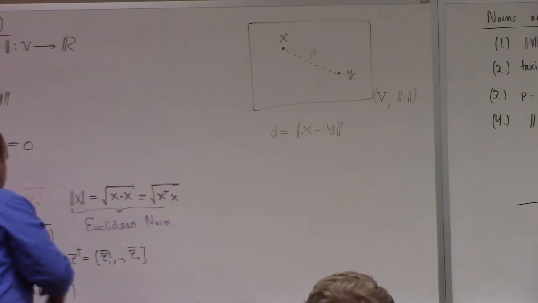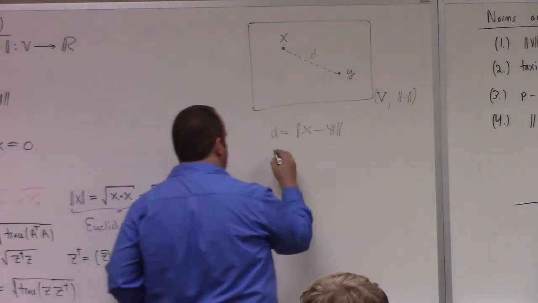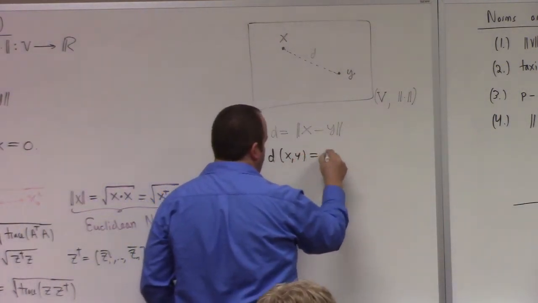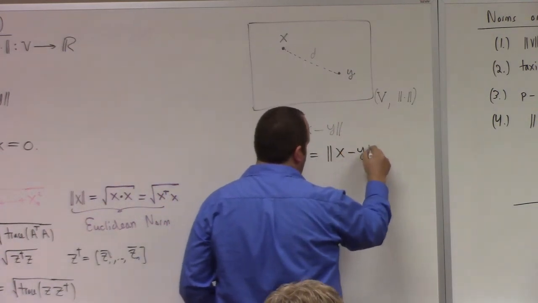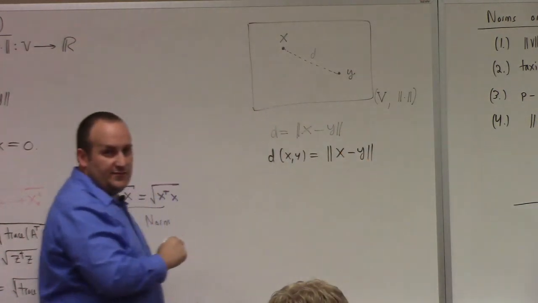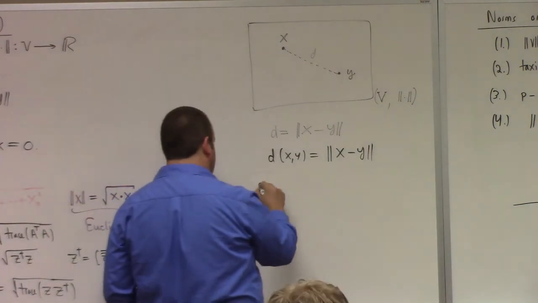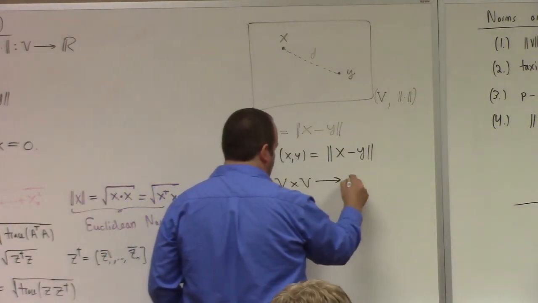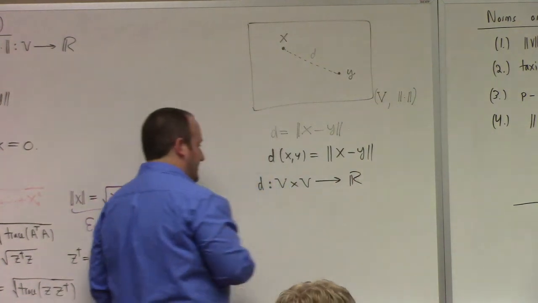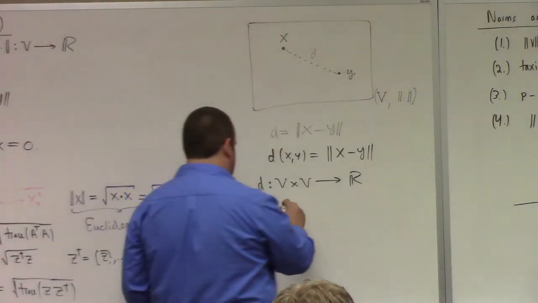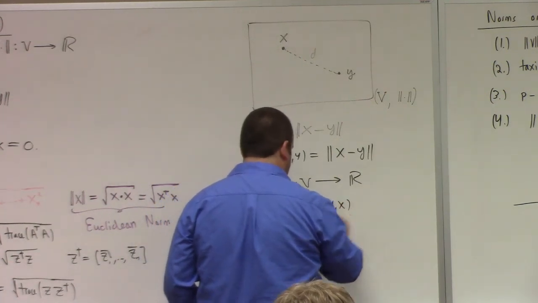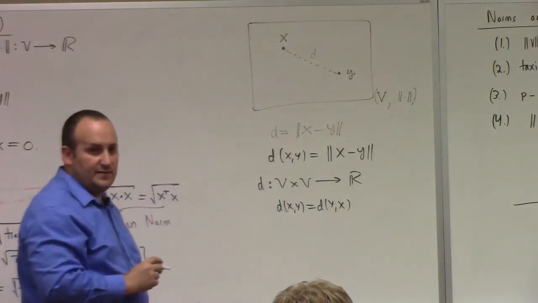But you can prove, in fact, that if you define this function d of x comma y equal to the norm of x minus y, you can show that this gives you what's called a distance function. A distance function takes in pairs of vectors, outputs a real number, and it has some properties, like the distance from x to y is equal to the distance from y to x, right?